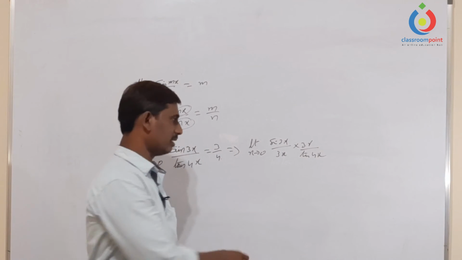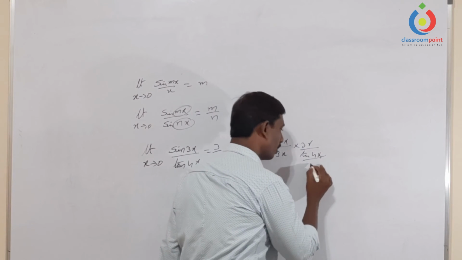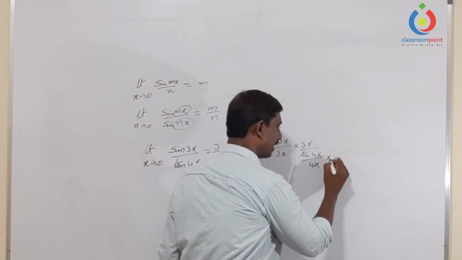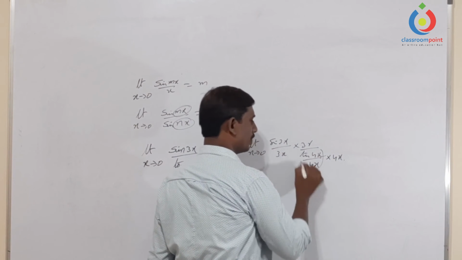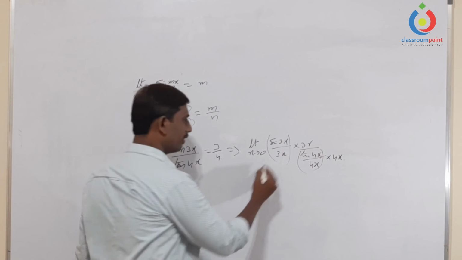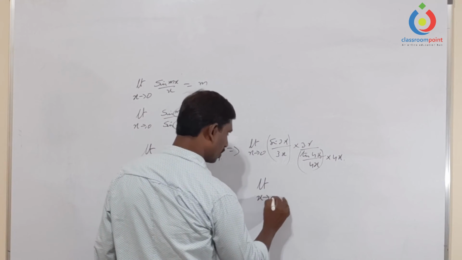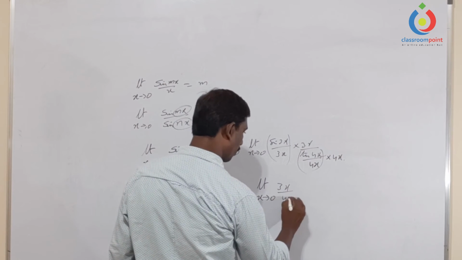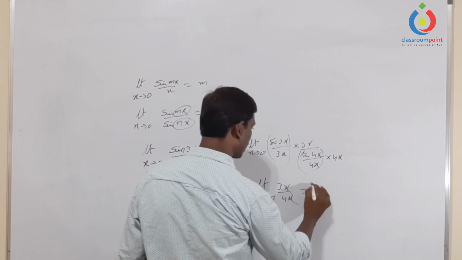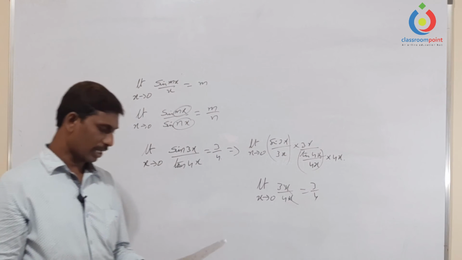I just multiplied and divided with 3x, and here I multiply and divide with 4x. This is 1 and this is also equal to 1. The remaining value is 3x by 4x, the x cancels, and the answer is 3 by 4. Right? Next one.